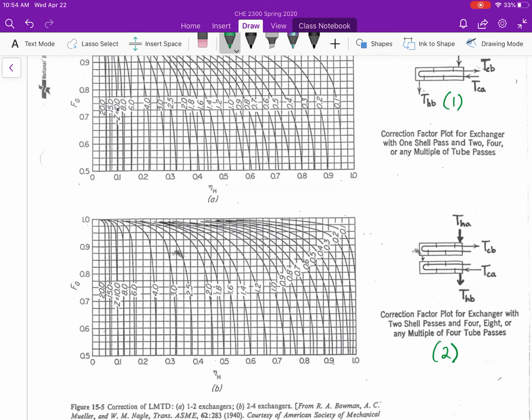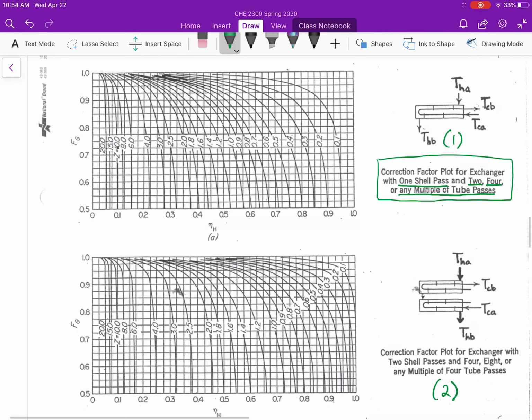If you read what the statements say, the top one says this correction factor is for 1 shell pass and 2 or any multiple of tube passes. And so this is oftentimes referred to as a 1-2 heat exchanger. Again, meaning we have 1 pass on the shell side, some multiple of 2 passes on the tube side.